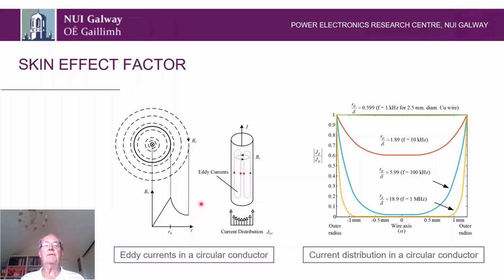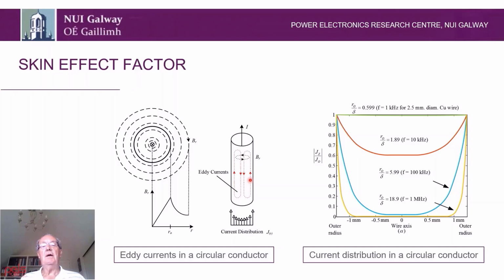Looking at it from the side, we basically have a conductor with current going through the conductor. In this case the current is current I. Now because the magnetic field is generated by that current in a circular fashion, it will create its own eddy currents in accordance with Faraday's law, which will attempt to counteract that magnetic field.